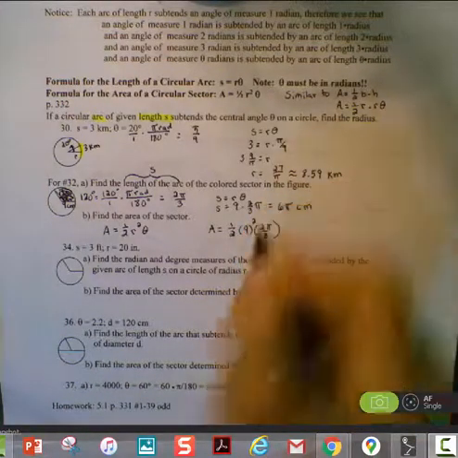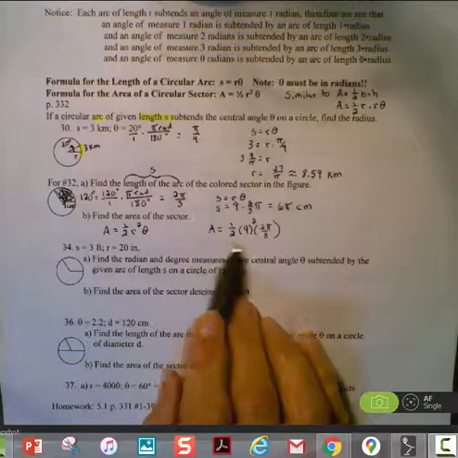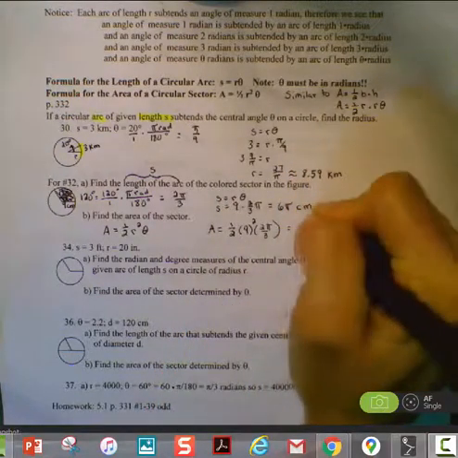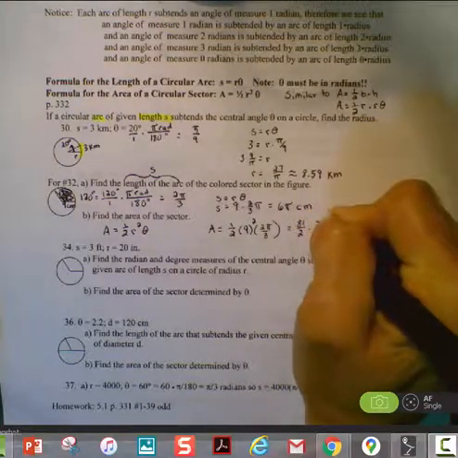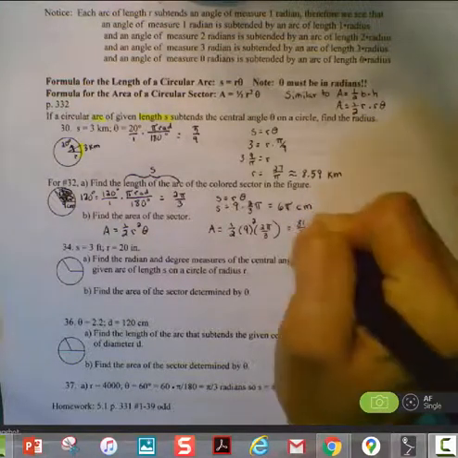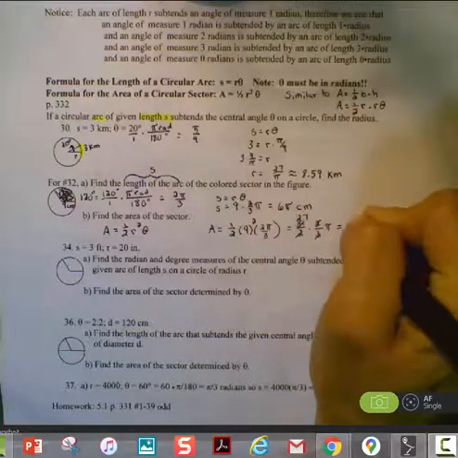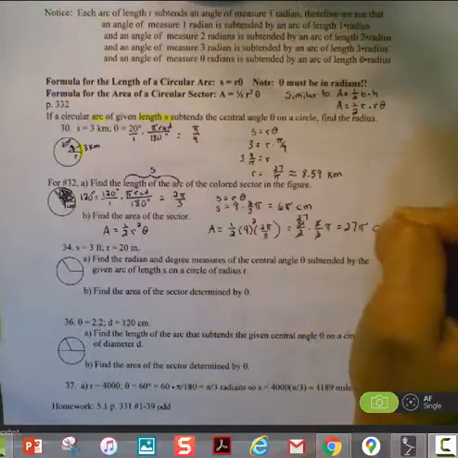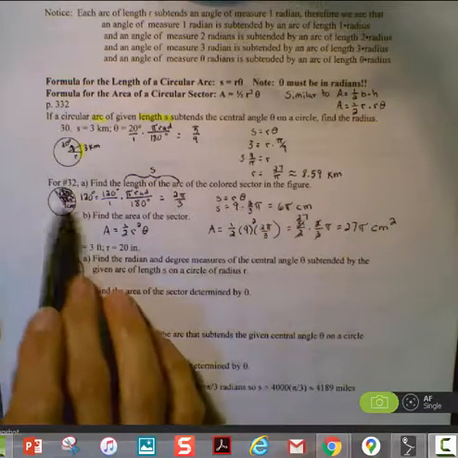Watch out for that. 1/2 R squared theta. That's 81 over 2 times 2/3 pi, or 27 pi square centimeters for the area of that circular sector.